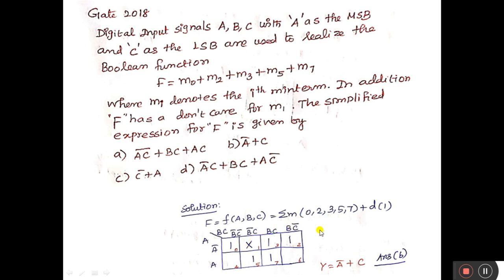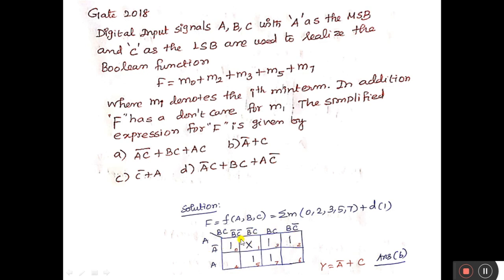Here 0, 2, 3, 5, 7, plus the don't care value 1. I fill all the values with 1, and one more is the don't care, that is 1. So I can combine these 4 together and these 4 together. If I combine these 4 together, I can get the value A bar.